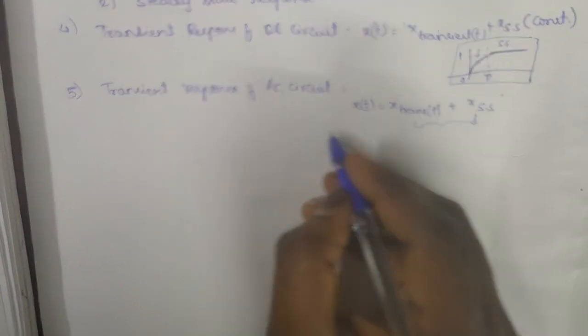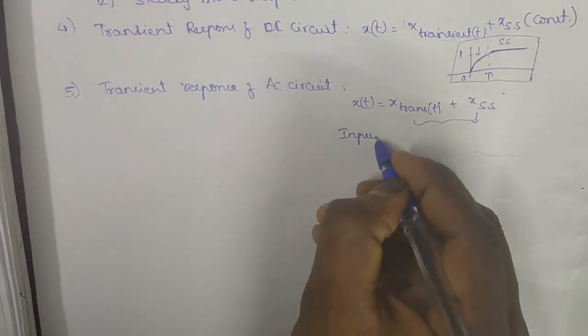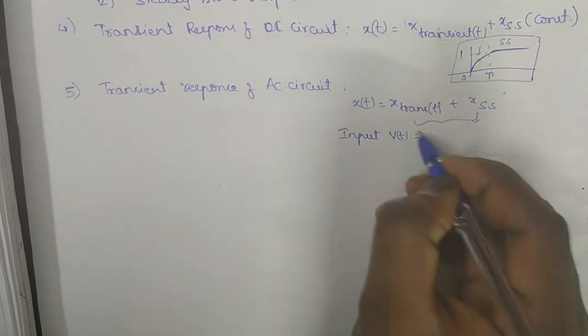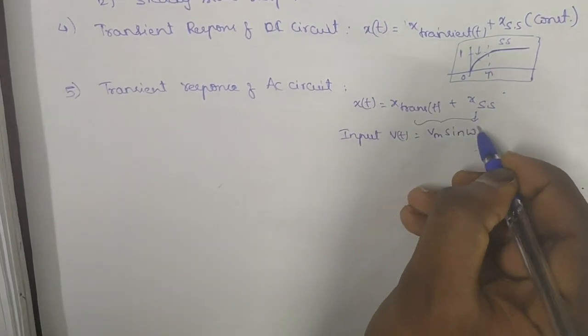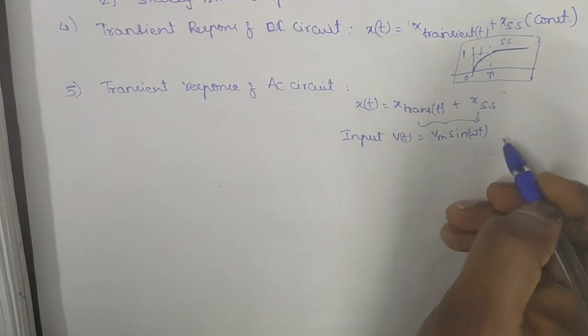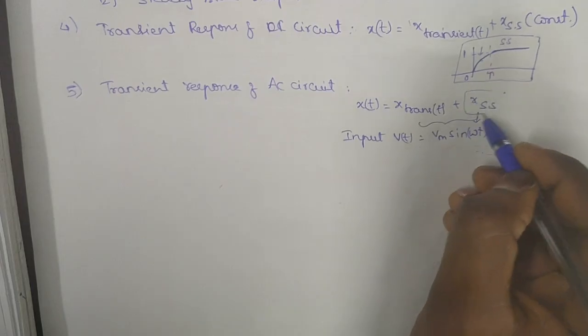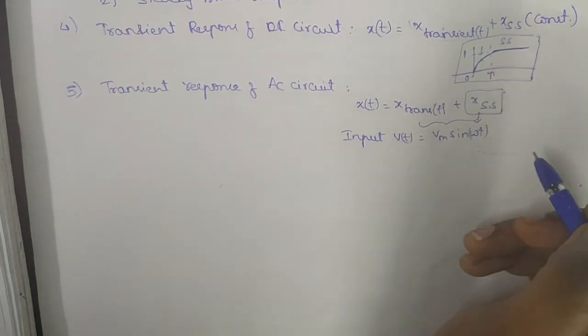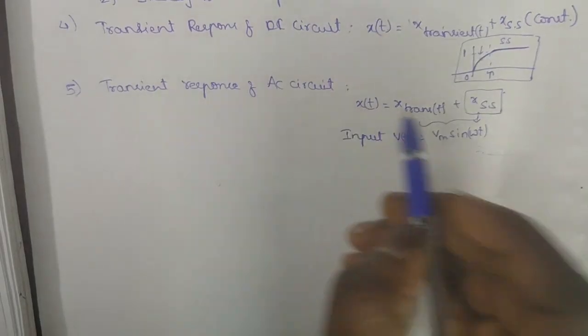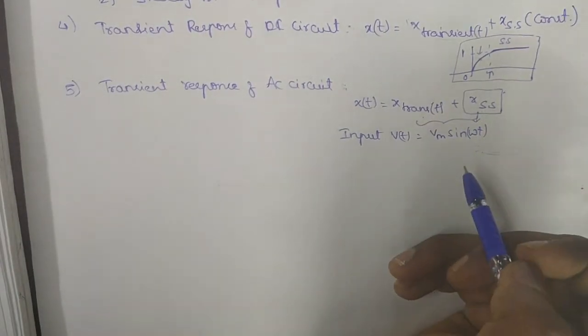Both are considered because transient responses decay after the time constant, but the steady state response will continuously flow, because the input V of t will be Vm sin omega t, as the input oscillates throughout the circuit, so the steady state response also oscillates according to the input. So AC circuits will have both transient response and steady state response.